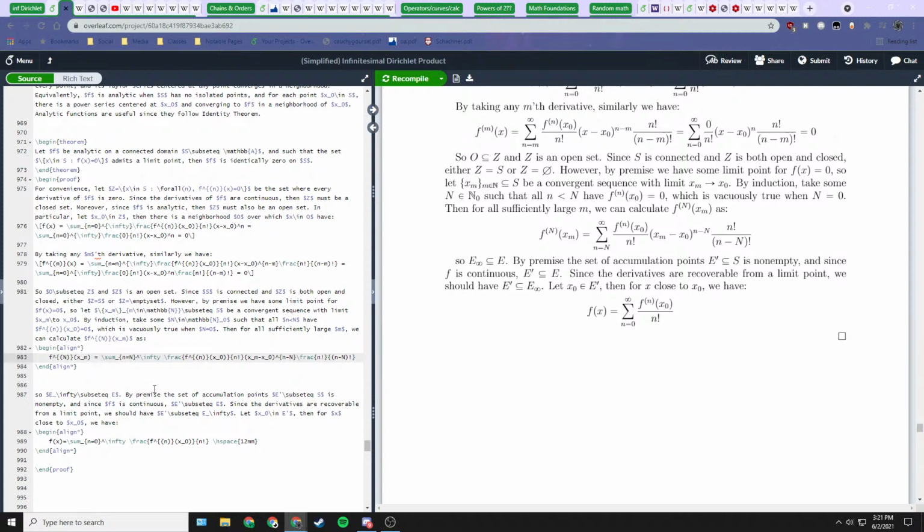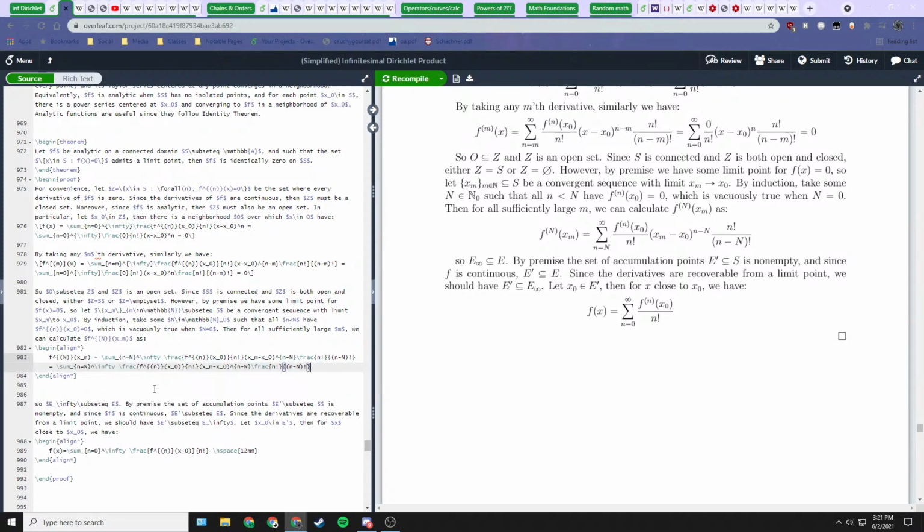Okay, and then we'll do this index shift to make it clear what's happening. So n from capital N will go from 0, add N to all of these terms.